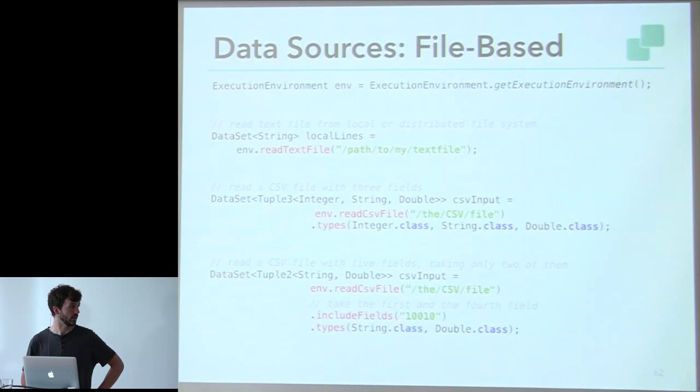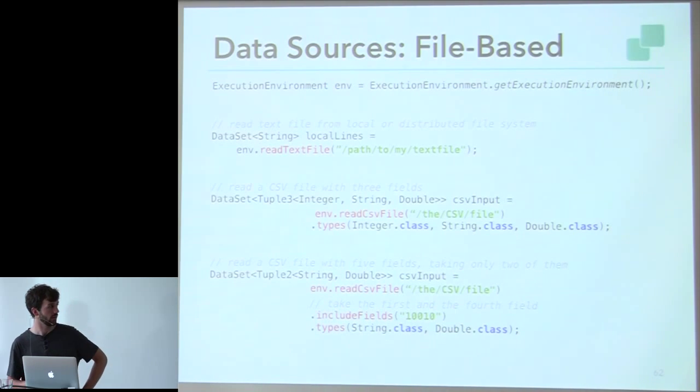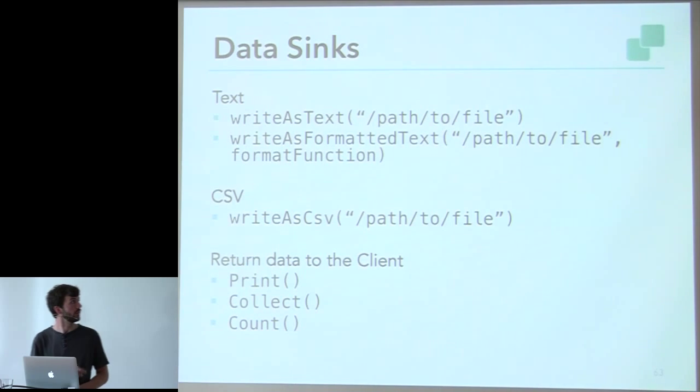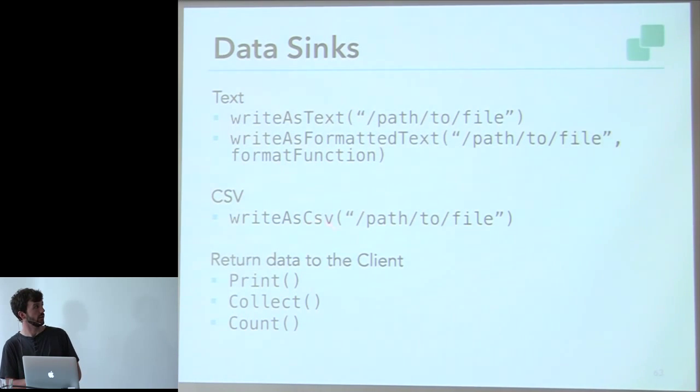Basically 1 is where we include a field, a column, and 0 is where we don't. And similar for the sinks, we have write as text or formatted text and write as CSV, but we also have these special methods which in some algorithms and also for debugging are really useful.